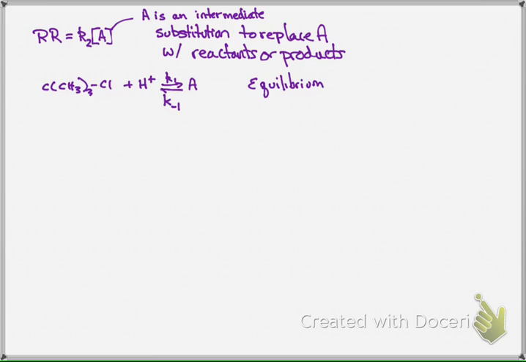Now I still have to get rid of A, but I'm going to use this to get rid of this. I'm going to do a substitution. So let me show you mathematically how we do the substitution. I'm going to write that the forward rate is going to be this.